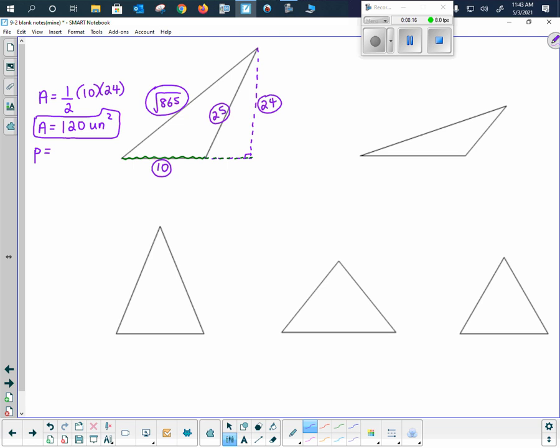So you should be adding 10, 25, and the square root of 865. Okay, so we're looking at 35 plus the square root of 865. And that would be units.